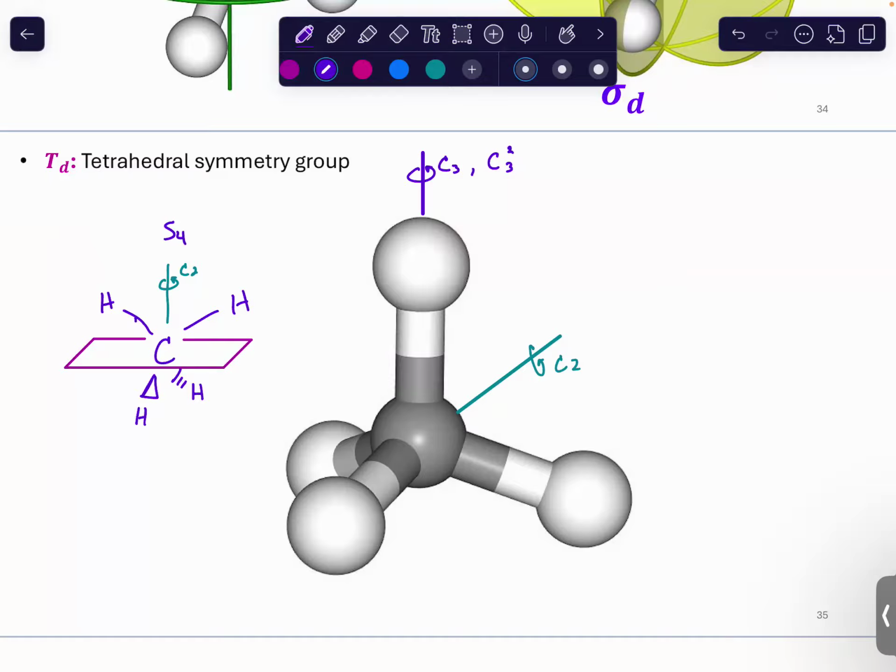Because your C2 is going to go 180 degrees, your C4 would go 90 degrees. So you want that 90-degree rotation, then a reflection, and you get an S4.